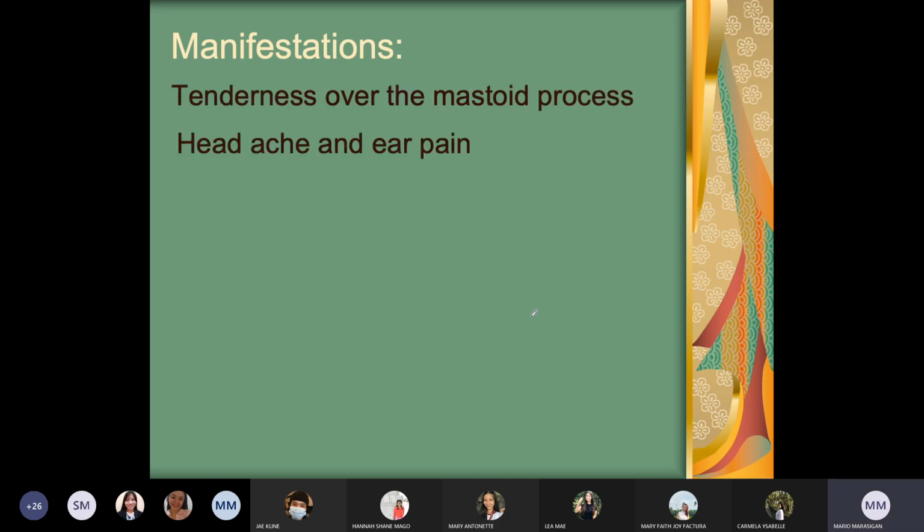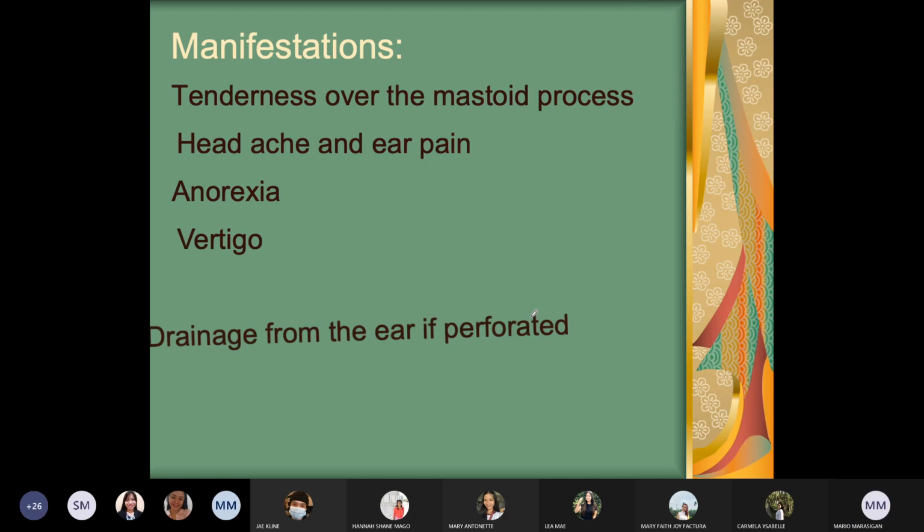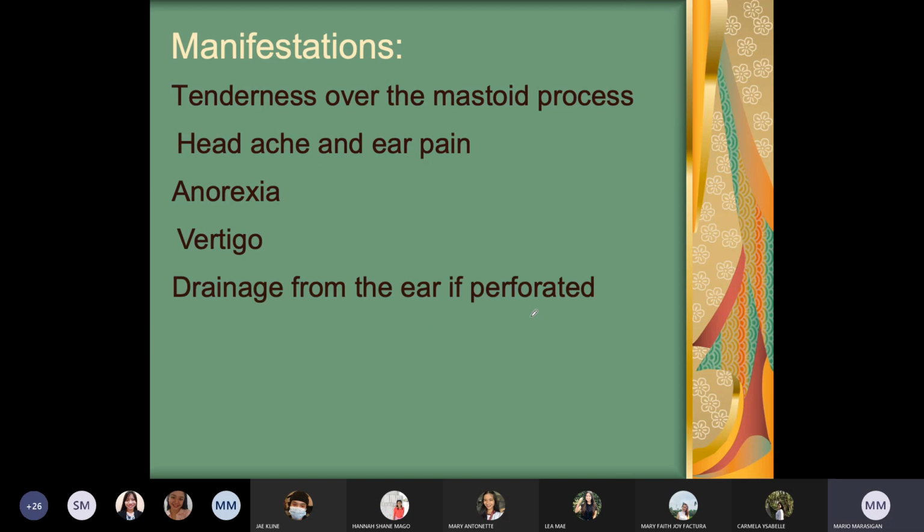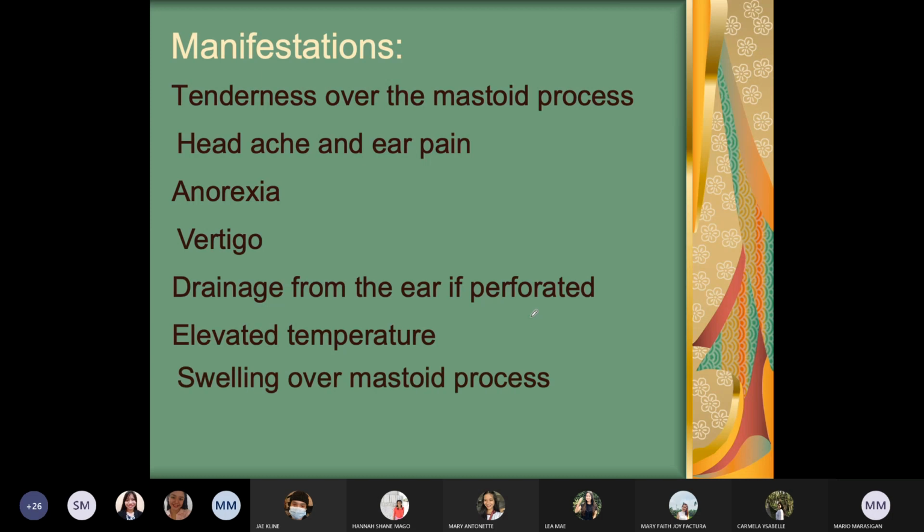So there is tenderness in the mastoid area, headache, ear pain, anorexia, right? Vertigo. Drainage from the ear if perforated. Fever and swelling over the mastoid bone.